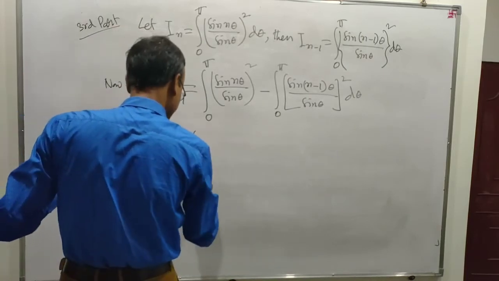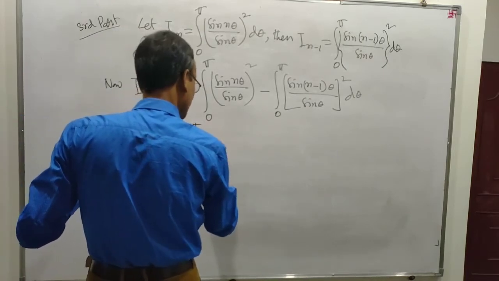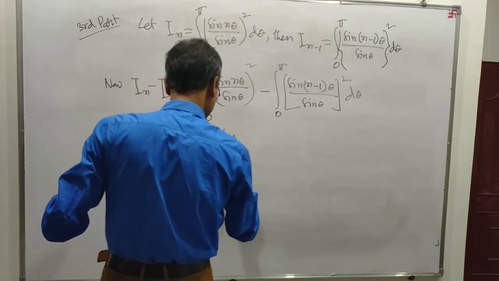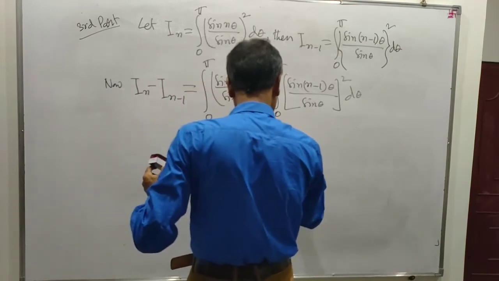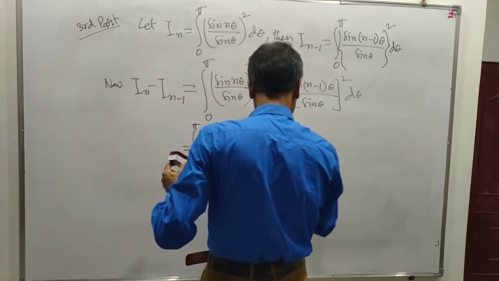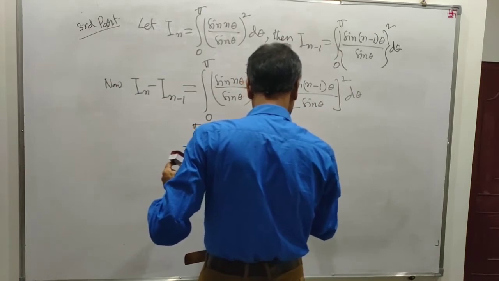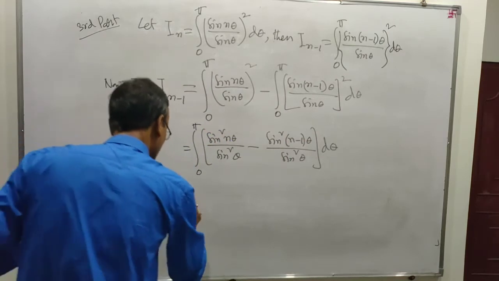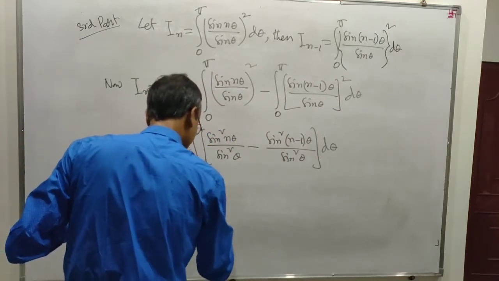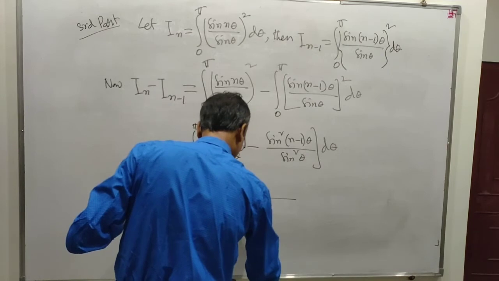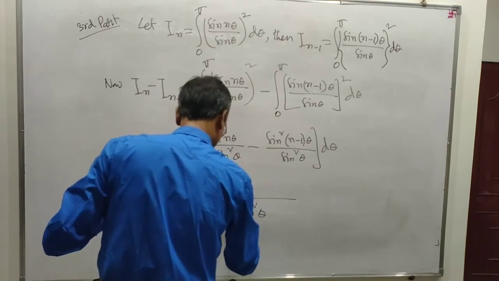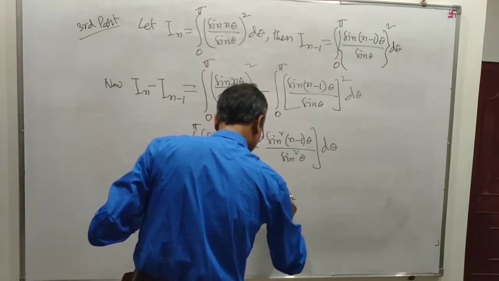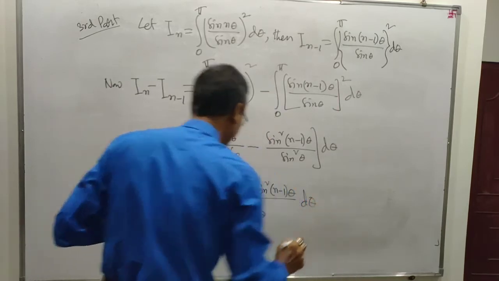This is equal to integral 0 to pi of sin square n theta divided by sin square theta minus sin square (n minus 1) theta divided by sin square theta, d theta. You may write like this, or integral 0 to pi of 1 over sin square theta times sin square n theta minus sin square (n minus 1) theta, d theta.